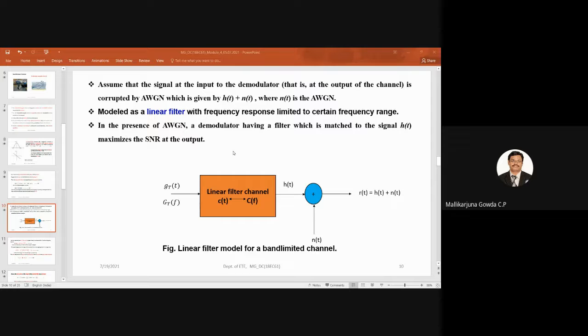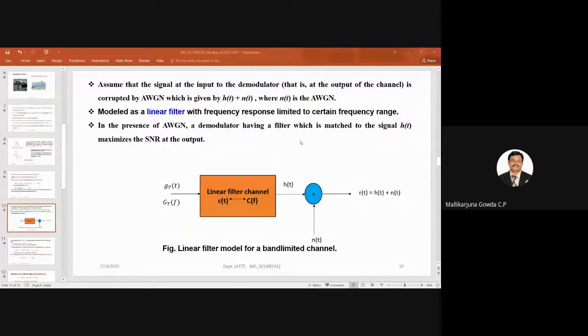Is this fine? As I said, assume that the signal at the input of the demodulator, that is the output of the channel, is corrupted by additive white Gaussian noise. The moment we say Gaussian noise, you should be able to visualize the Gaussian pulse, that is the bell curve.